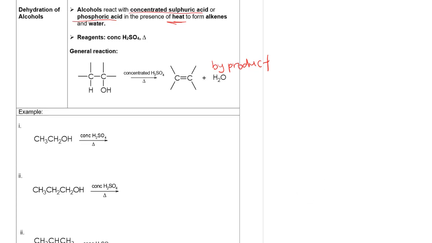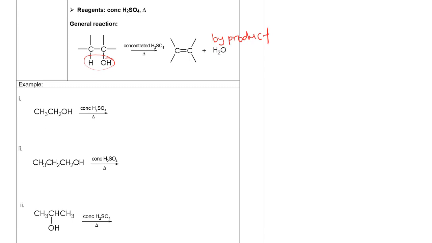We are removing water, so that's why we get a carbon-carbon double bond. The alcohol is saturated, and we go to unsaturated because we are removing something.